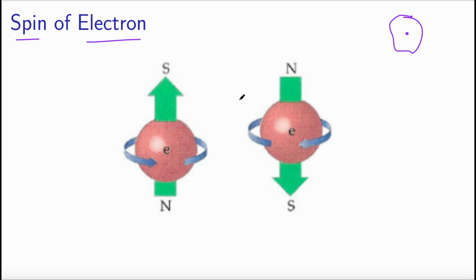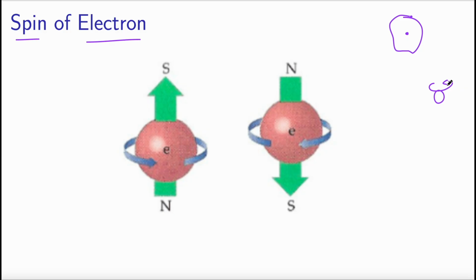Apart from that, you can consider for the time being that the electron also spins, like a ball. Electron is like a ball, and the ball can spin, like the earth spins, and we have day and night.